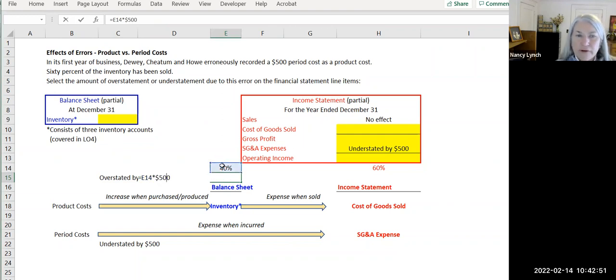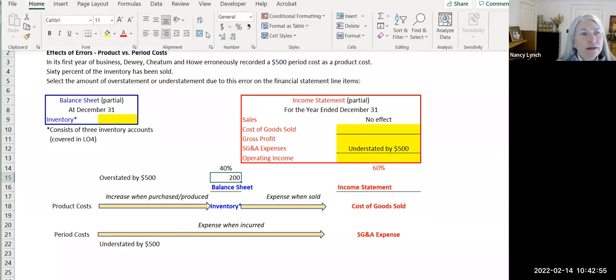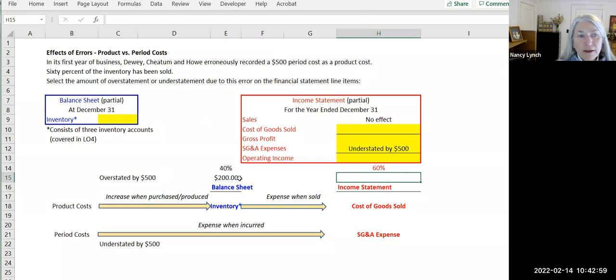So $200 of your inventory is overstated. The rest of it has gone out the door as cost of goods sold. So it's been sold. So 60% times your $500 error is in your cost of goods sold.